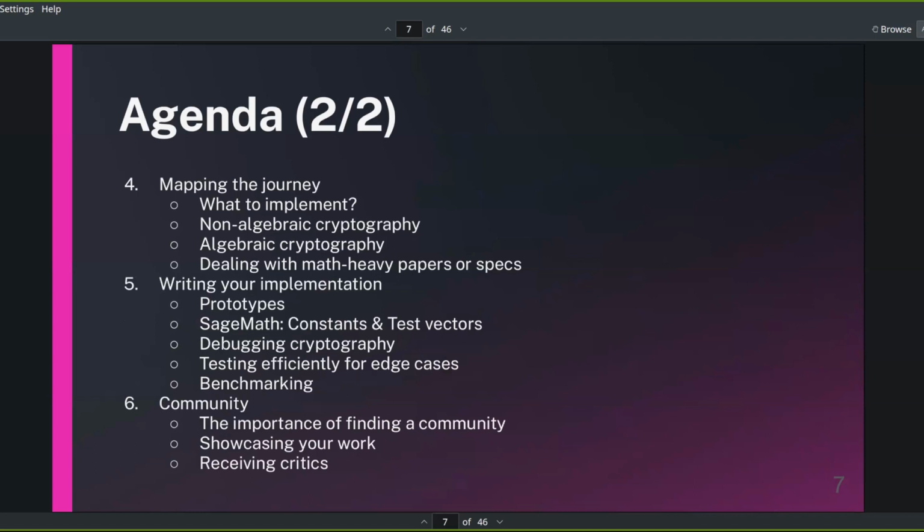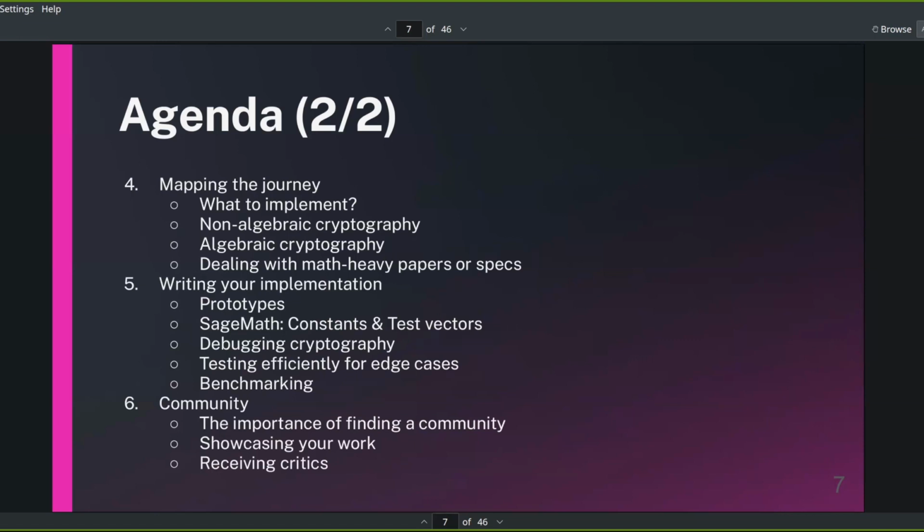Then mapping the journey of implementing cryptography, actually implementing it, and then community psychology. Well, you are in a great community, the Phoenix project. So I guess first point, it's solved, but you have to also showcase your work.